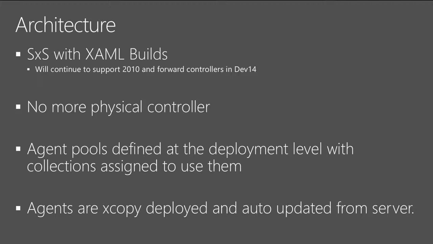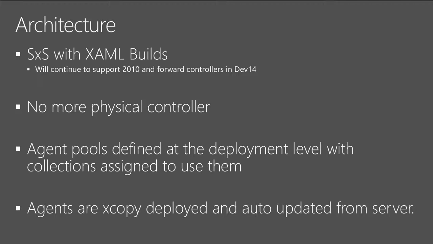Agent pools are defined and managed at the deployment level, the server level. And the agents are Xcopy deployed from the server. I didn't show this, but I don't know if you noticed when I was on the Agent Pool Administration tab, there's a download agent button there. So basically, if you want to install an agent on another machine, you go to that machine, bring up the web browser, and download the agent package from the server and install it there.